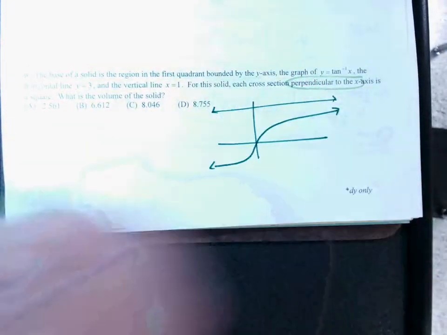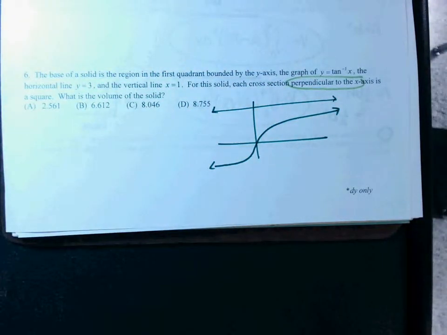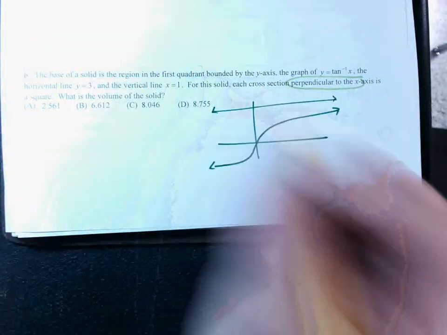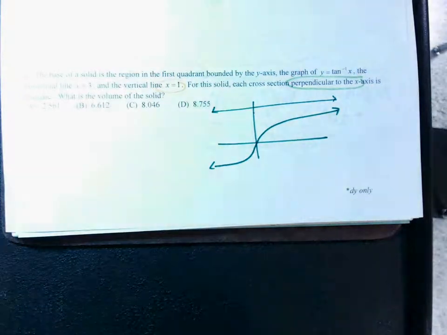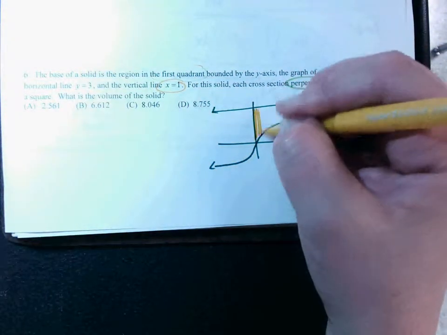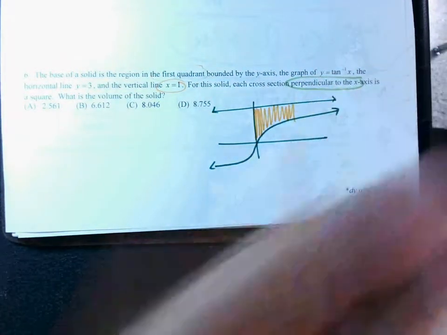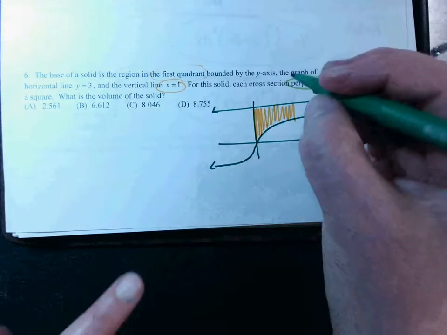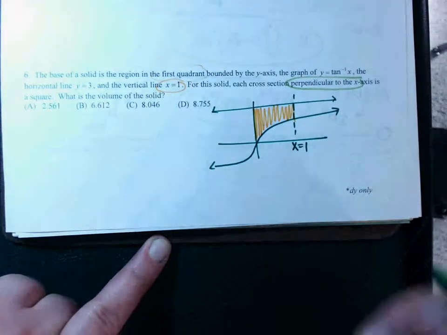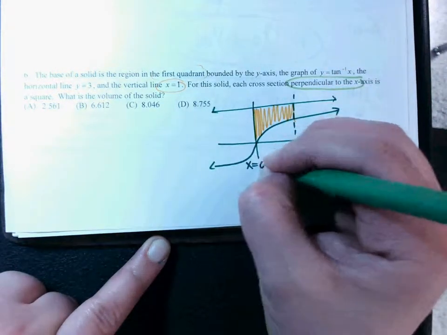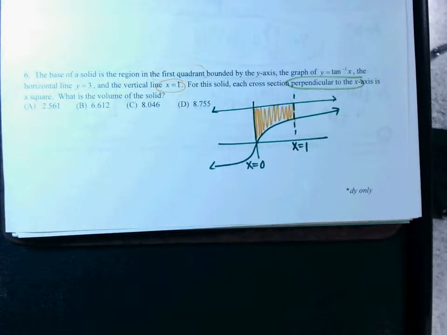Okay, now look where it tells me that I want to be. It says in the first quadrant. So that means I'm going to start at 0. And then it tells me to shade until x equals 1. Now, my calculator is not going to put that on my screen for me. But we know that it's a vertical line, so we can draw it in ourselves. That's x equals 1. So I'm going from x equals 0 to x equals 1. Those are going to be my boundaries.